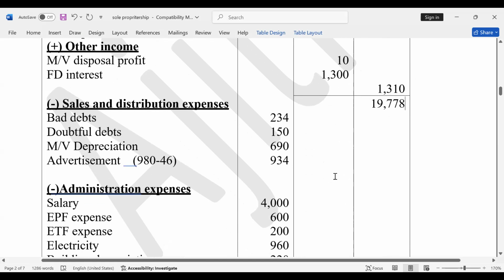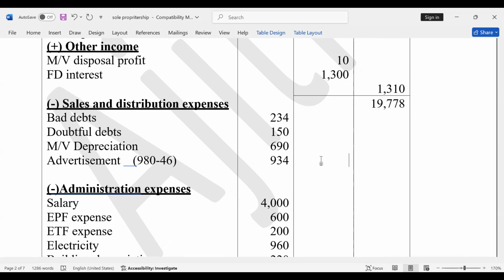Then expense total value should be recorded second column. Calculate expense total value. Therefore, here 2008. Expense should be recorded second column.